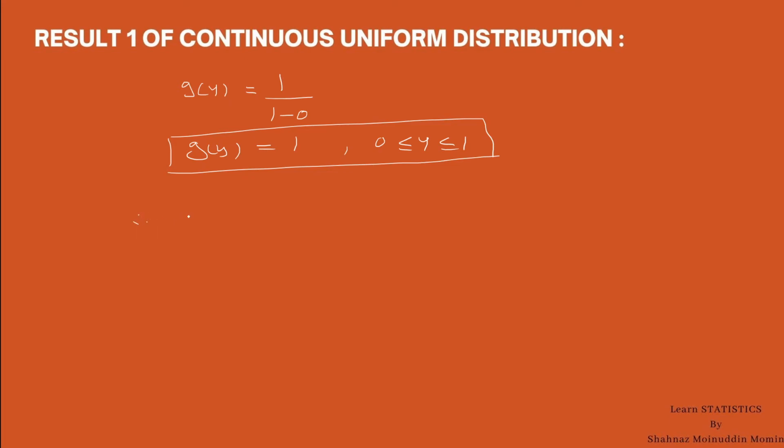Therefore, if x follows uniform a to b, then y, which is (x minus a) upon (b minus a), will follow uniform over 0 to 1. Hence the result. This is our result.